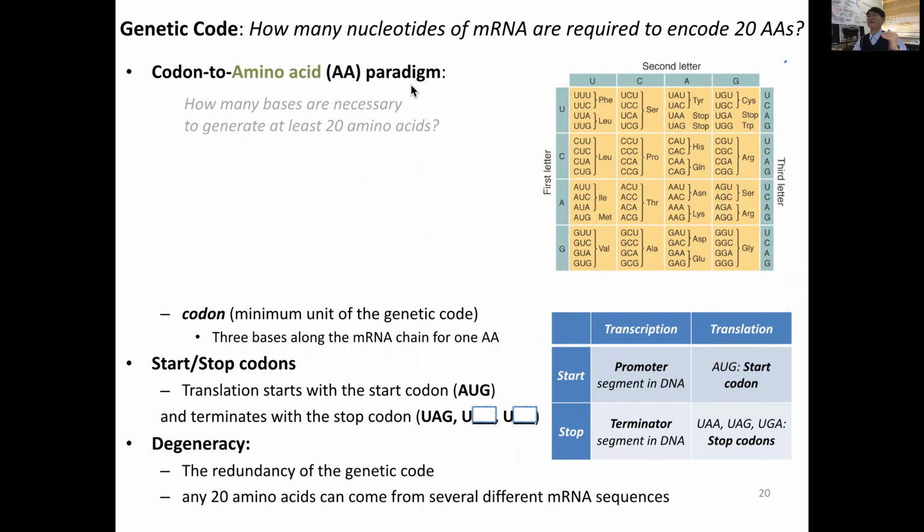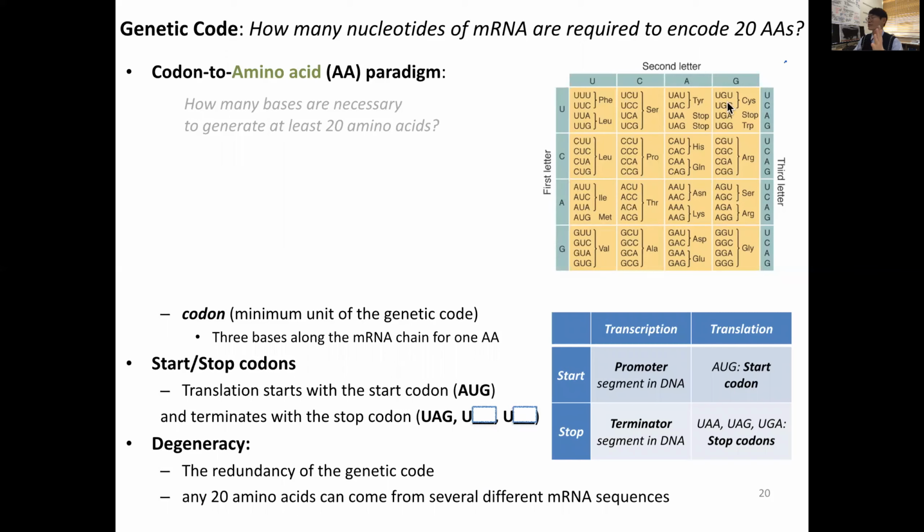So let's think a little further about the genetic code. How many nucleotides of mRNA are required to encode the 20 amino acids? And we said 3 bases along the mRNA chain for 1 amino acid is called a codon. That's the minimum unit of genetic code. And interestingly, there are codons which serve as a start codon and stop codon.